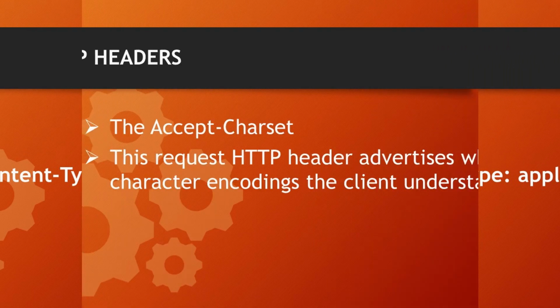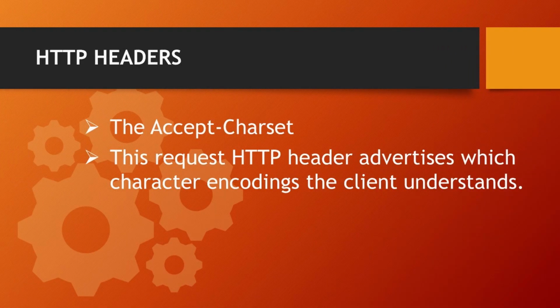We have so many such types of headers. To give you one more example, we have a header called accept character set. This is a header which is set with the request and tells the server which character sets are acceptable by the client. You can send HTTP headers with curl through the -H tag or the double-dash header option.